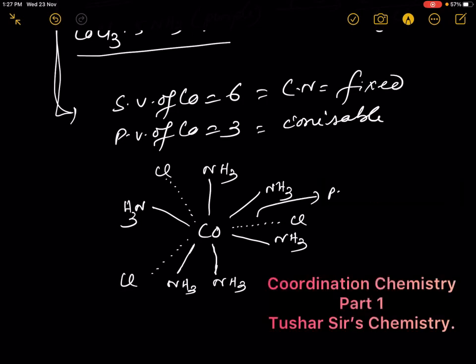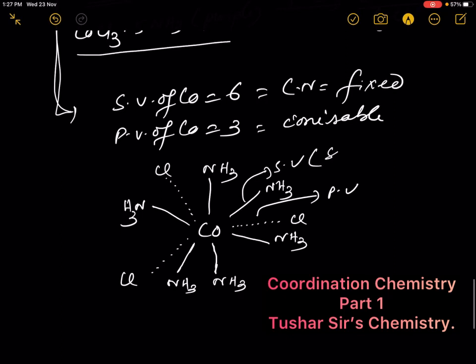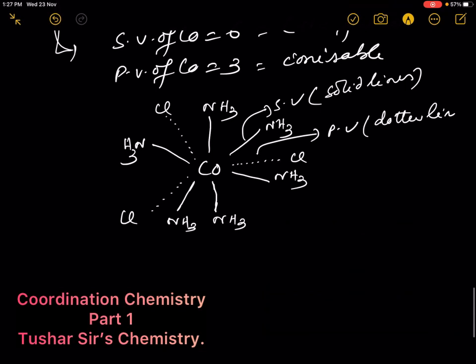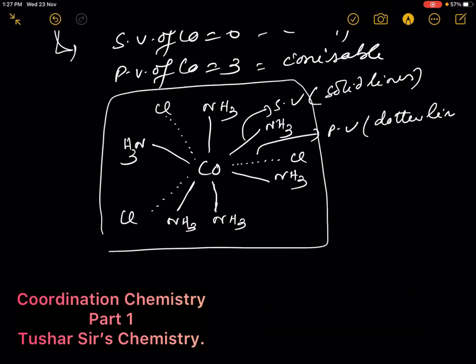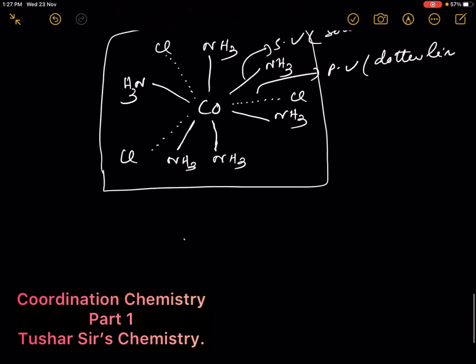These are primary valency, these are secondary valency. Secondary valency is denoted by solid lines and primary valency is shown by dotted lines.